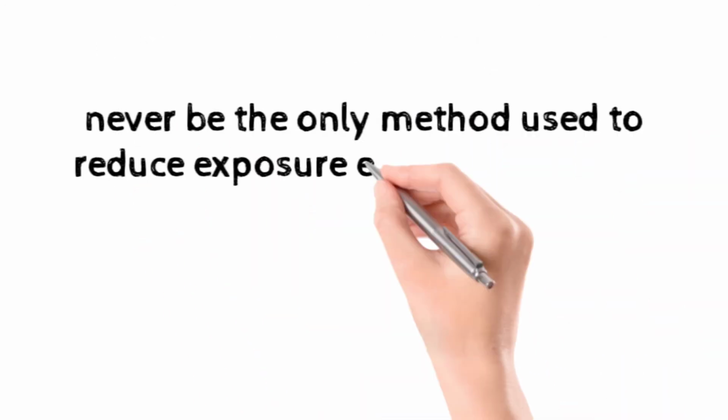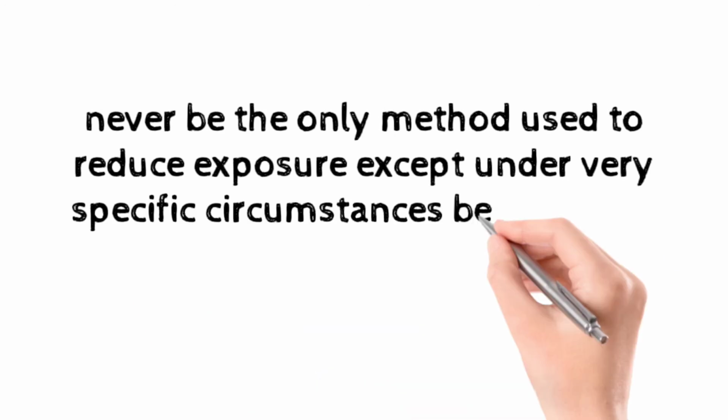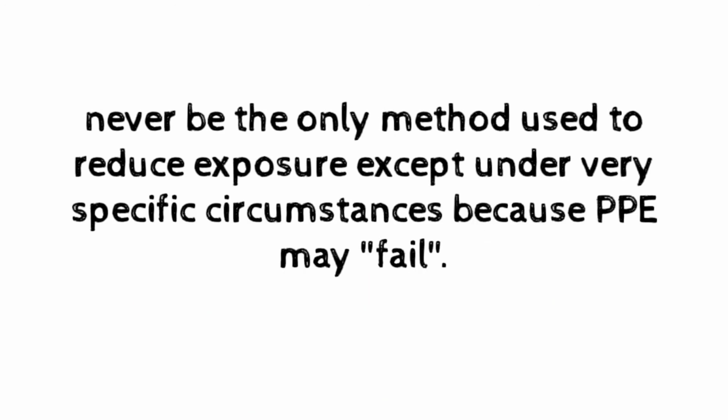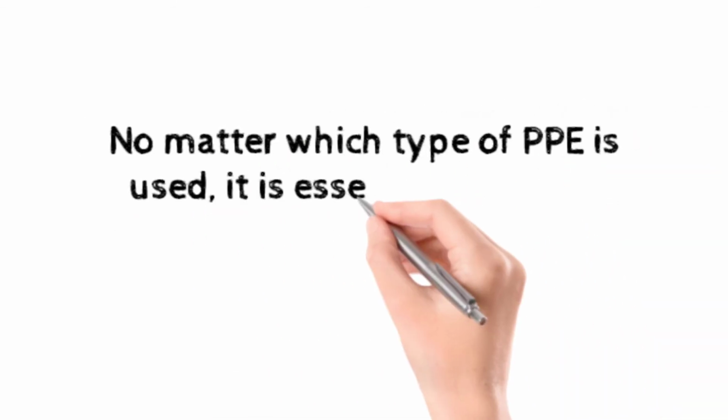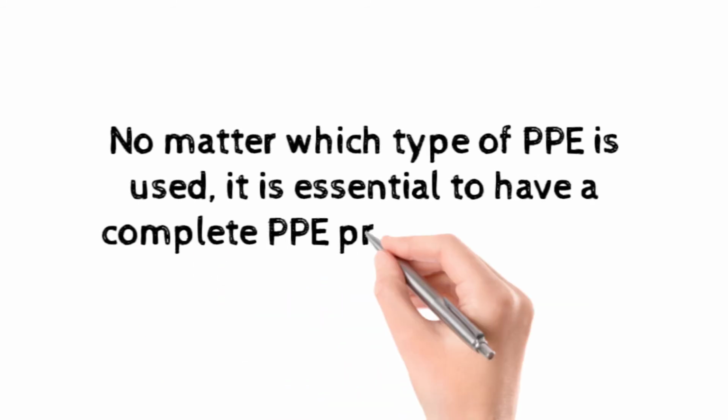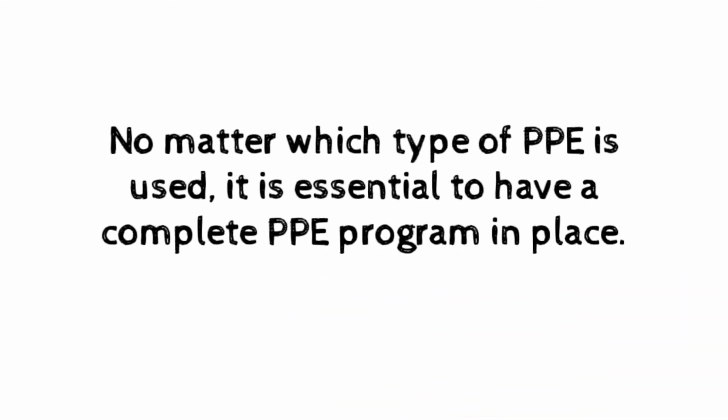It should never be the only method used to reduce exposure except under very specific circumstances, because PPE may fail. No matter which type of PPE is used, it is essential to have a complete PPE program in place.